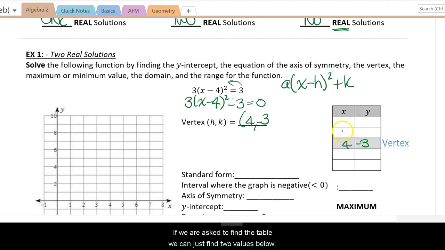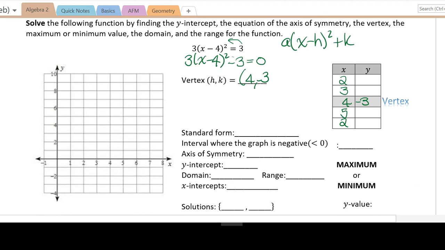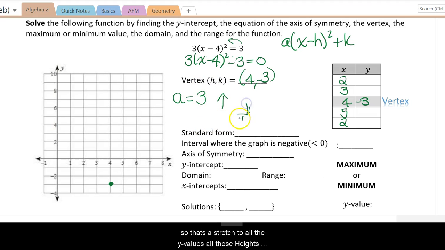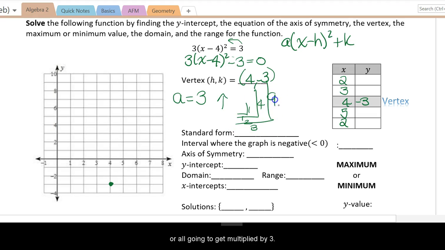If we're asked to find the table, we can just find two values below and two values above. So here we're going to plot this for negative 3, and then we need to use our a value, and our a value is 3, so that's a stretch. All those heights, over 1, up 1, over 2, up 4, and over 3, up 9, are all going to get multiplied by 3.